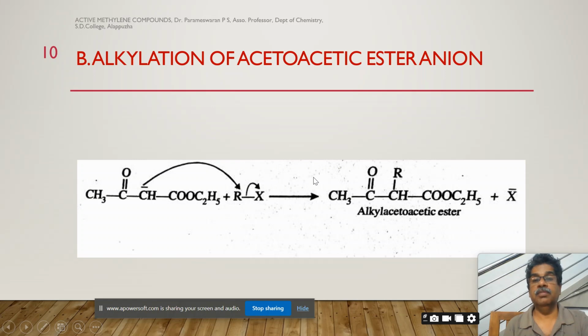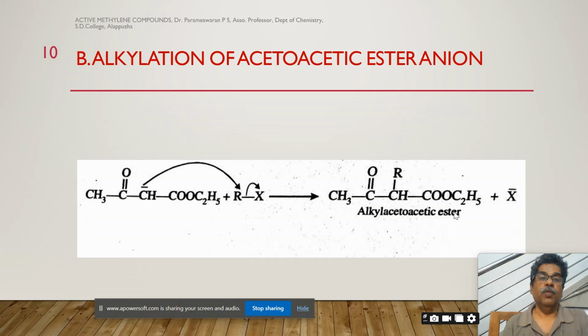Simply, where H was, that H is now replaced by R. So this R is connected to this carbon. That means in acetoacetic ester there is a substitution of an alkyl group, so it becomes alkyl acetoacetic ester.